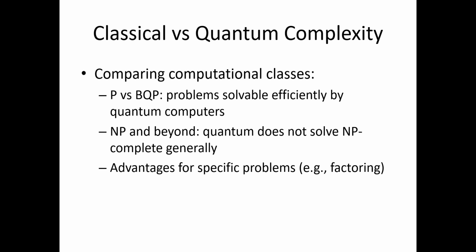It's important to note that quantum computers are not expected to solve all hard problems, like general NP-complete problems, efficiently. Their advantage lies in specific problem structures, such as factoring.